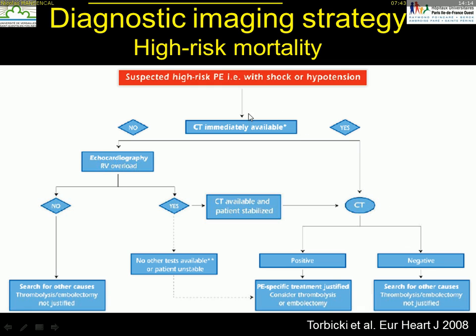If you cannot perform this examination, perform an echocardiography to look for a right ventricular overload. If you have this right ventricular overload, perform the CT scan. Not possible? It's not a problem. You can perform a TEE or a venous ultrasonography to make the diagnosis of thromboembolic disease. If echocardiography is normal, this is not a pulmonary embolism, because we have a significant pulmonary embolism if we have a patient presenting with shock or hypotension.